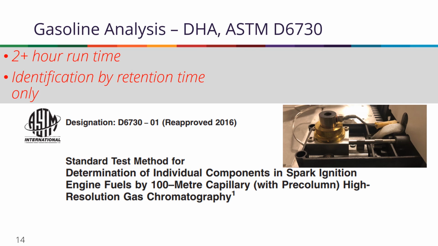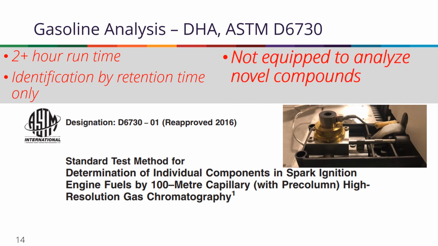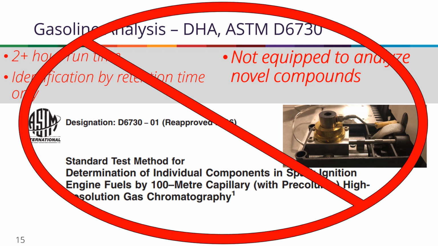And finally, and maybe most importantly for the context of this presentation, we can't really add new compounds to the scope of this method very well. Changing an ASTM method is a lengthy process, and maybe not the best process we want to go through given the length of time we're already dedicating to each run. And so what we're proposing is that maybe this isn't the best way to go going forward.